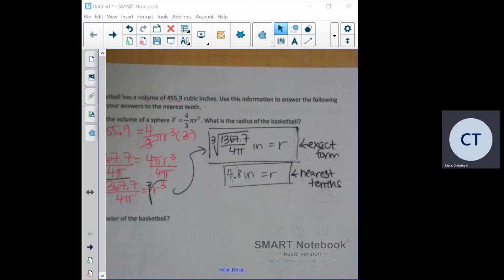How do you find the diameter? Multiply the radius by 2. And luckily for us, we know the nearest tenth for our radius. Multiply it by 2.